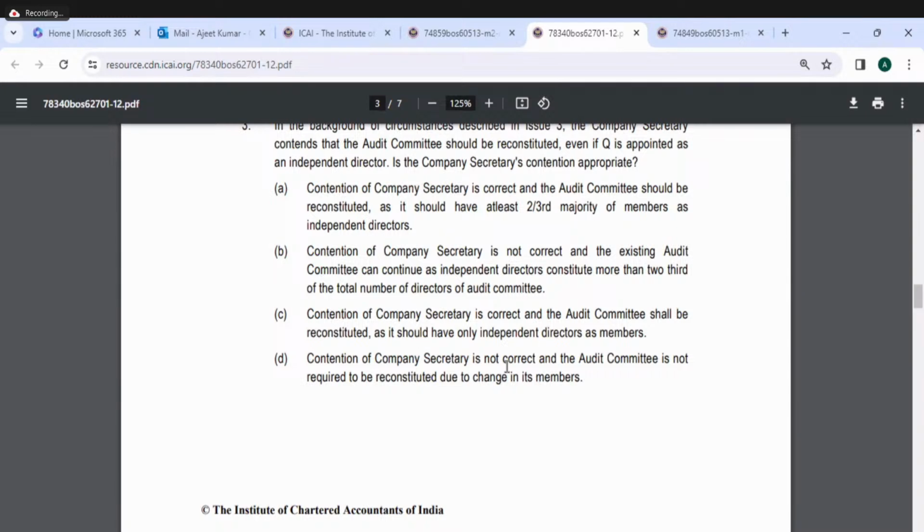Supposedly, if the student does not understand the provisions fully, they can think that only independent directors are required to be the members of the audit committee. Then they can even mark option C. So you need to be very clear with the facts as well as the provisions of the act, and then you should be able to correlate the facts and the provisions, and with that amalgamation, you will be in a position to arrive at the correct answer, which in this case is option A. Very good, Mansha.